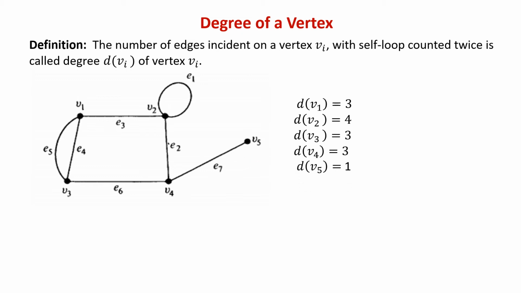Now we have a result. What happens if we add the degrees of all the vertices? Here we have a note.